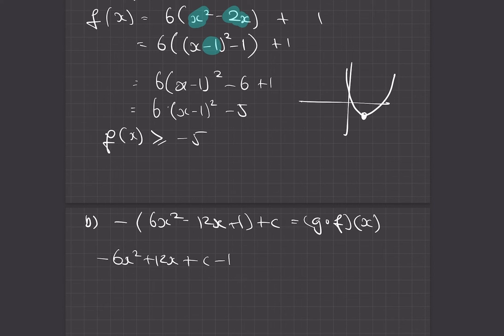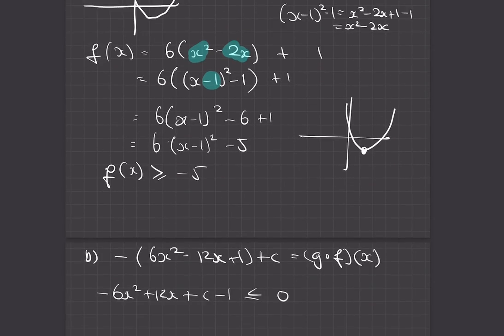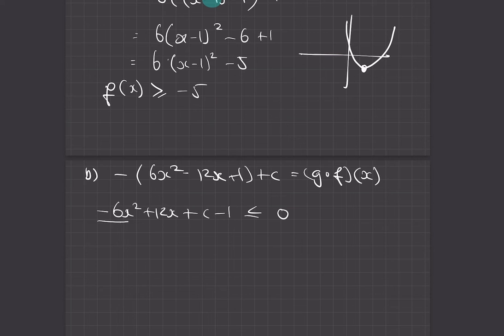And it tells us that this is less than or equal to 0, right? For all x. Now, personally, I prefer when the leading term, the term with the highest power of x, is positive. So I would just move everything over to this side. That means that 0 is less than or equal to 6x squared minus 12x plus 1 minus c.